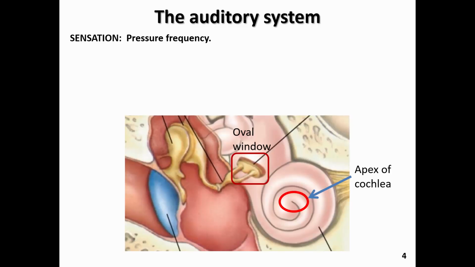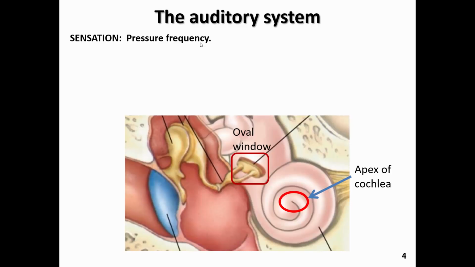The pressure sensation here that is being conveyed relates to the frequency of those pressure waves. On slide number 2, I demonstrated the two different pressure waves in terms of amplitude, but those pressure waves appear to be conveyed with a very similar, if not the same, frequency.